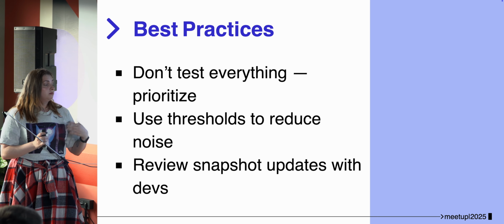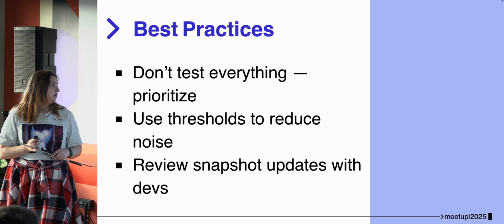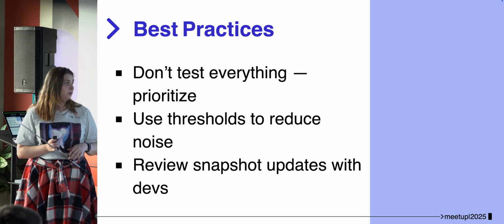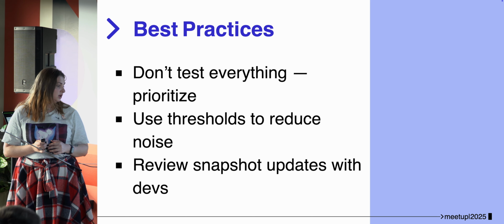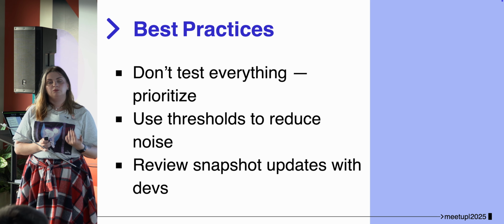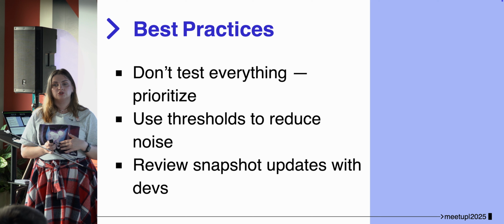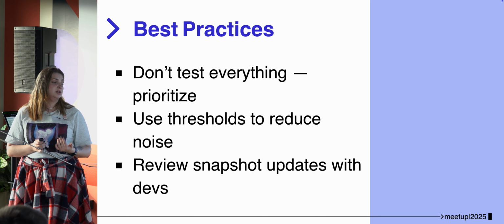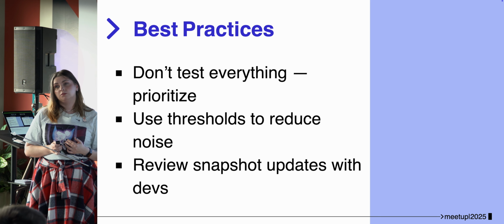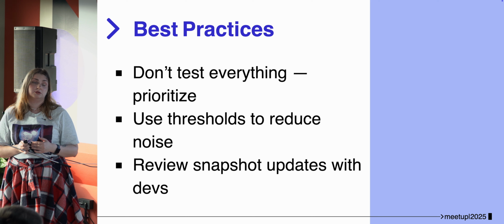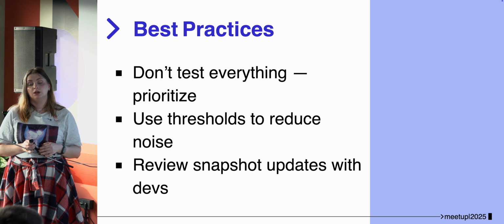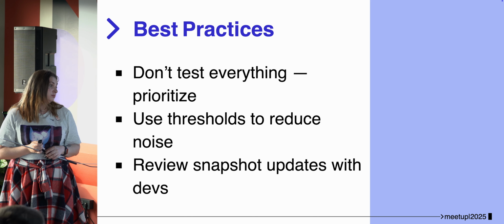So, let's speak about best practices. For me, it is important not to test everything; you need to prioritize your components. Also, it is important to review your snapshots and tests with the dev team. Our front-end team tends to suggest a lot of improvements and ways to do things better and more useful.